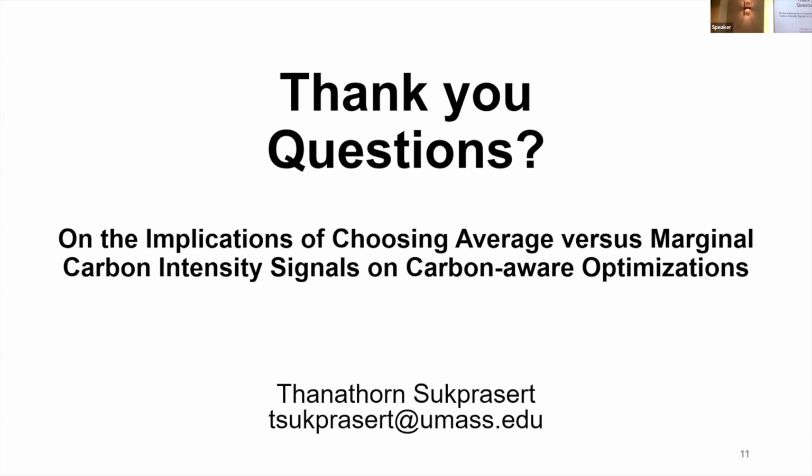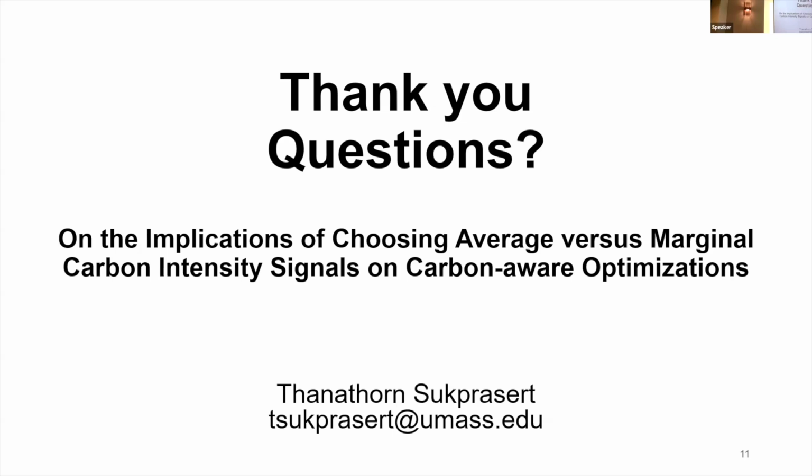Hi, thanks for the great talk. This might be a bit of a naive question, but is the marginal carbon signal even available at the moment? Because that would mean knowing which generator will come on if I move something. Right.